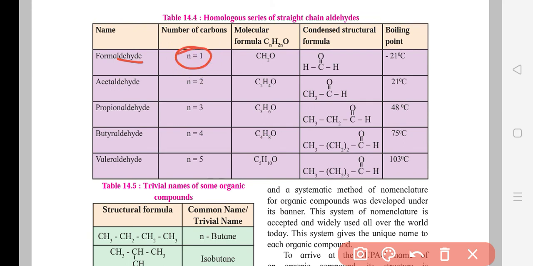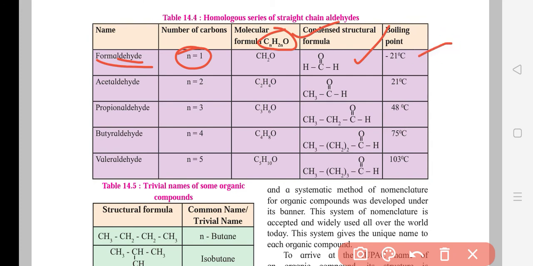The formula is CnH2nO. Put the value of n as 1 in this formula and you will get CH2O, which is called formaldehyde. This is the condensed structural formula, and its boiling point is -21. Definitely, this is a physical property.